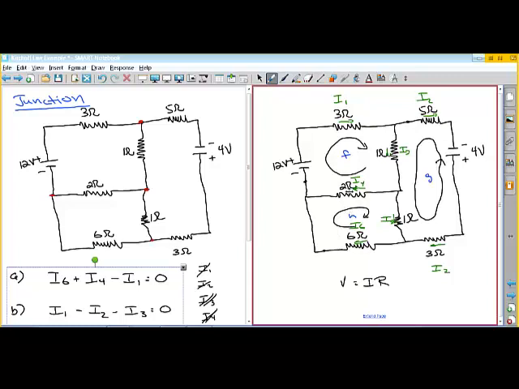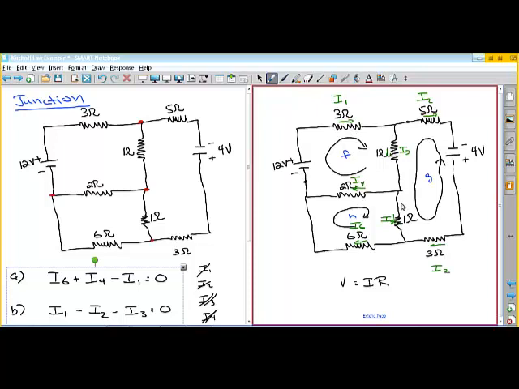But we needed 3 loops because we have 6 unknown currents, and we had 3 equations from the junction law, so we need 3 more equations. In the loops, we sum the voltages. So we have voltage rises from the batteries. We have voltage drops across the resistors if the current is in the same direction as we're moving around the loop.